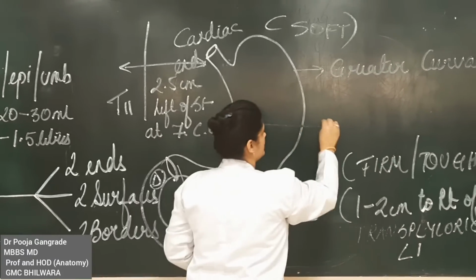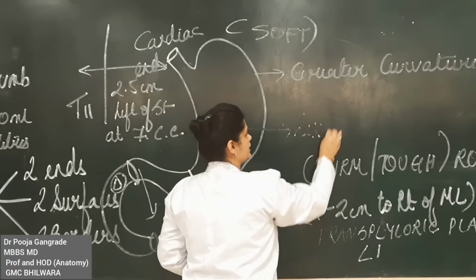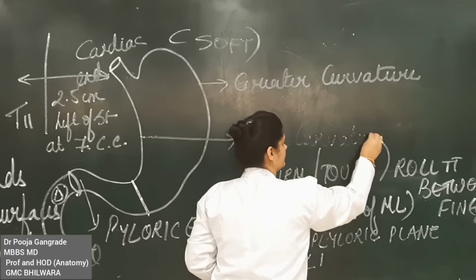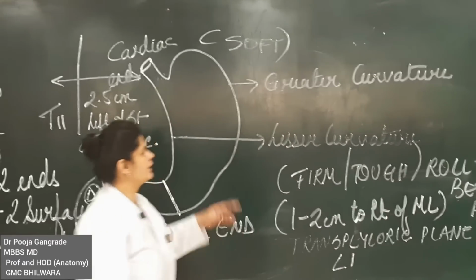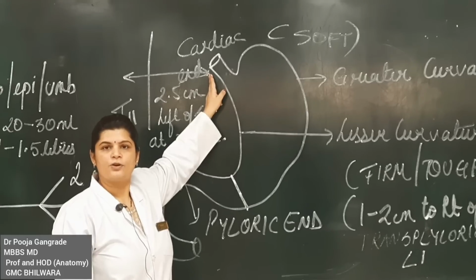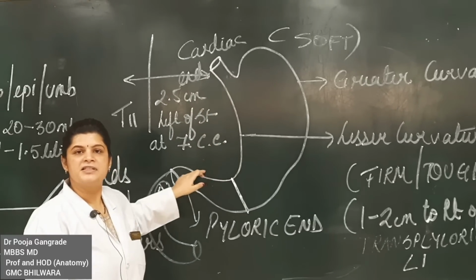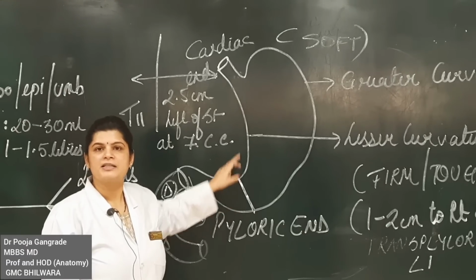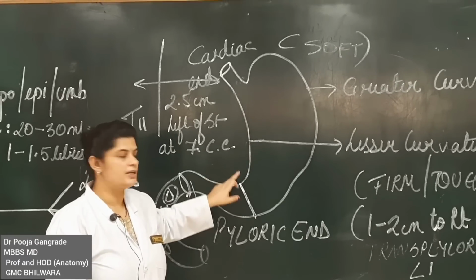The lesser curvature starts from the left end of the esophagus and comes down till the time there is an indentation which is present on the lesser curvature.